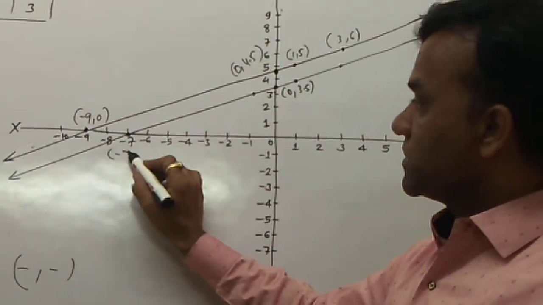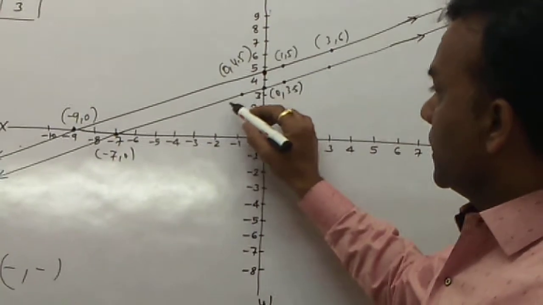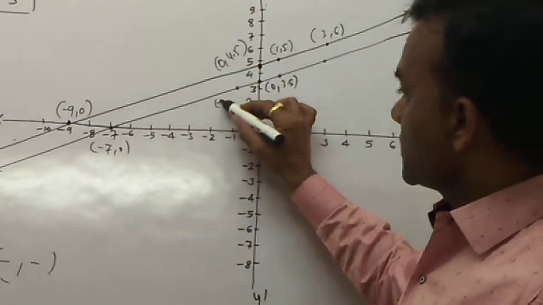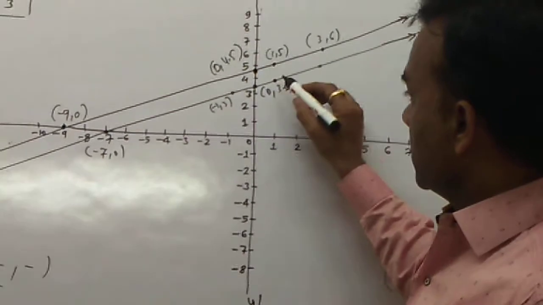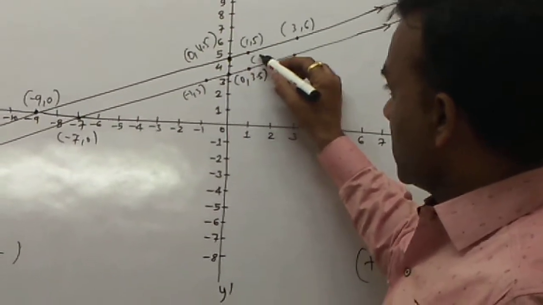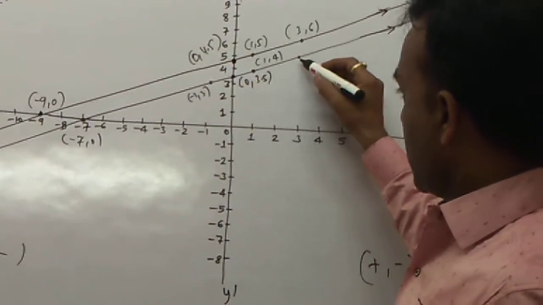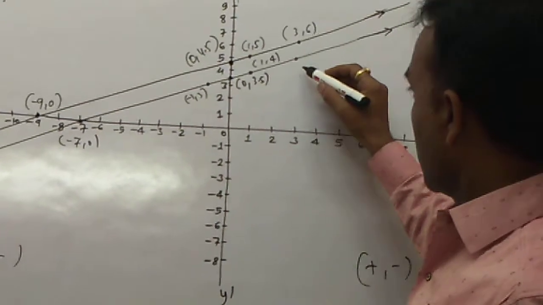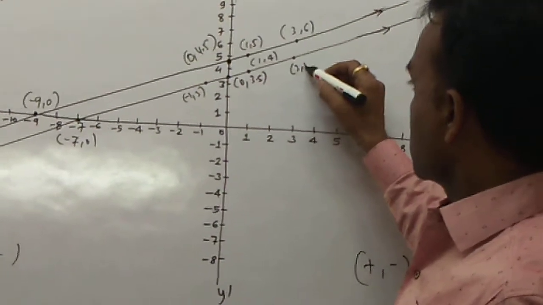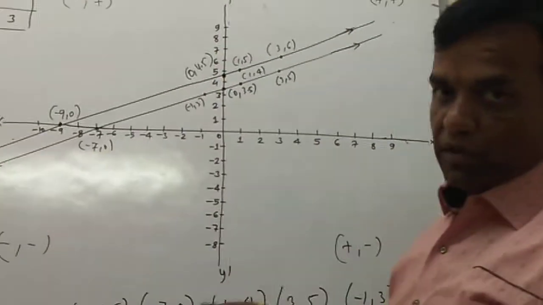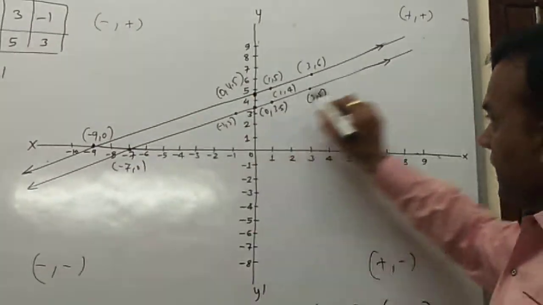Similarly this point is minus 7 comma 0, this point is minus 1 comma 3. Similarly here you have 1 comma 4, and this point is 3 comma 5. Okay, so all points you write down here and draw the line.